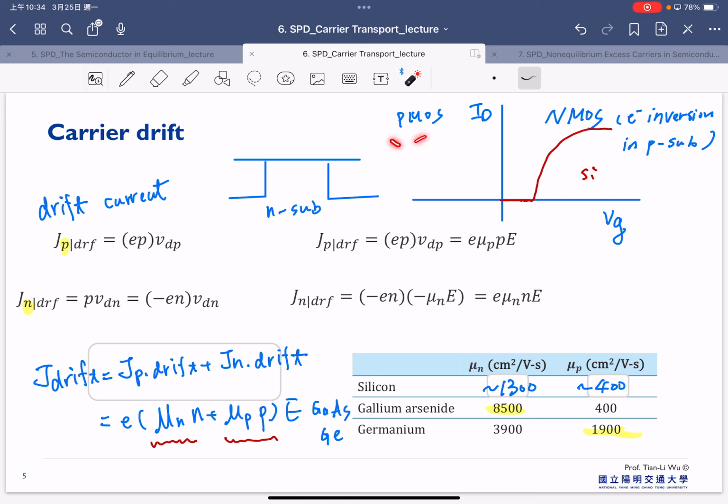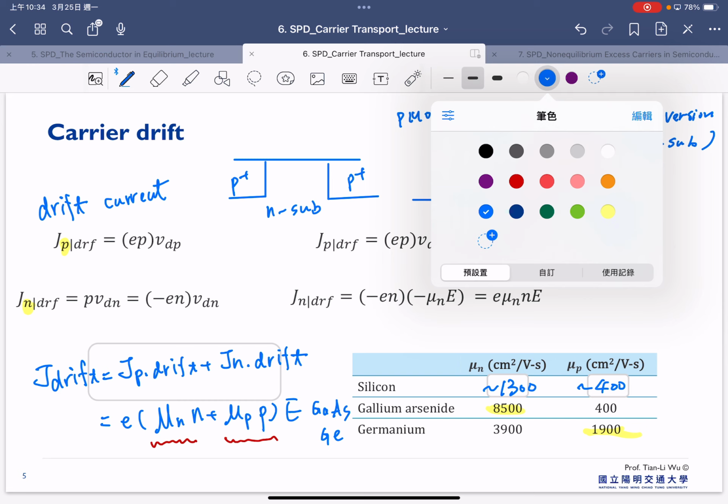And in the P MOSFET, this is fabricated on the N substrate. We still have the source and drain, but right now we dope P plus for our source and drain. If you compare to the NMOS, we dope N plus for the source and drain, but right now we dope P plus. And the rest of the structure is the same.